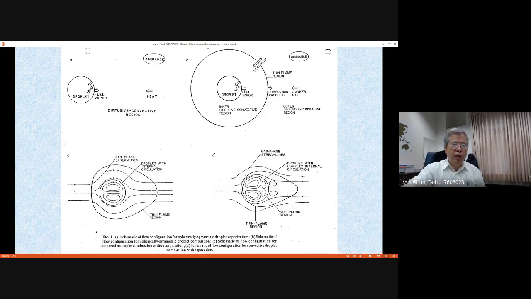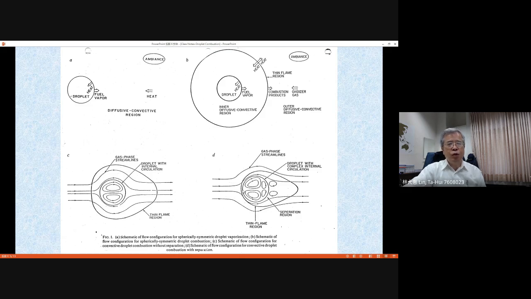Especially in the upstream region of your droplet. Since the flow convection is very strong, it carries the fuel vapor and also oxygen to the sides, to both sides of the liquid droplet. Then this flame, originally located at the stagnation point region, will disappear.